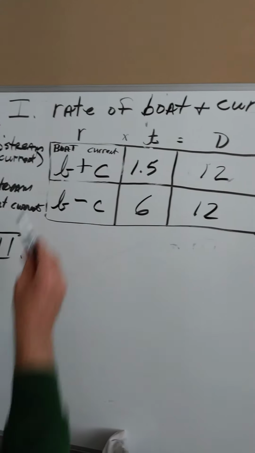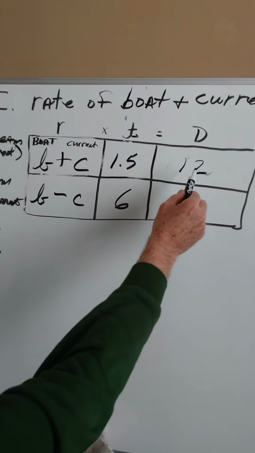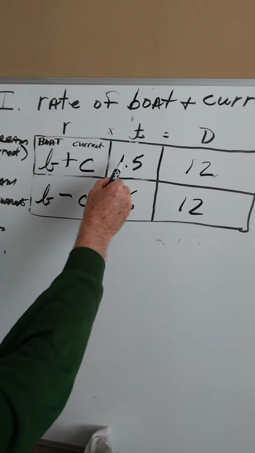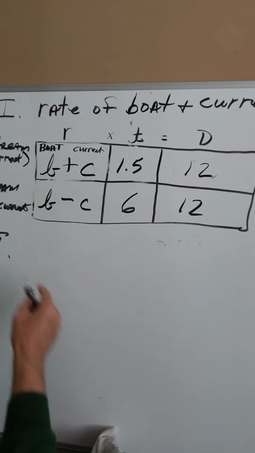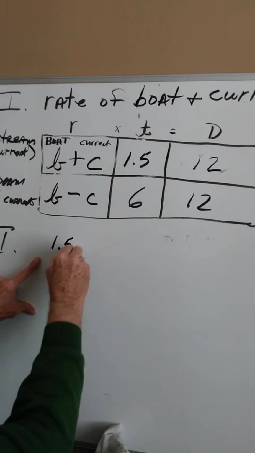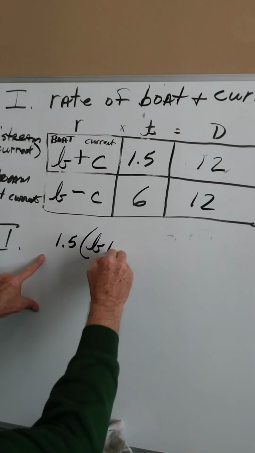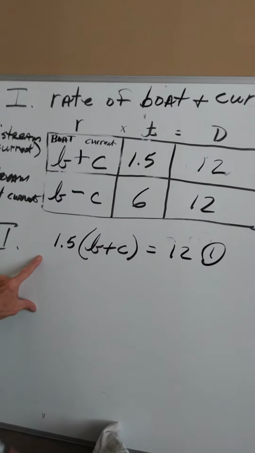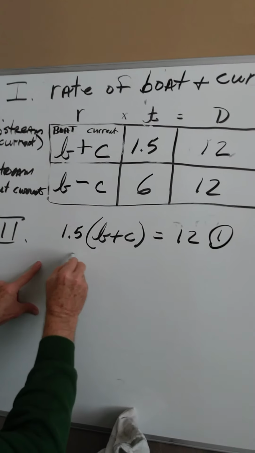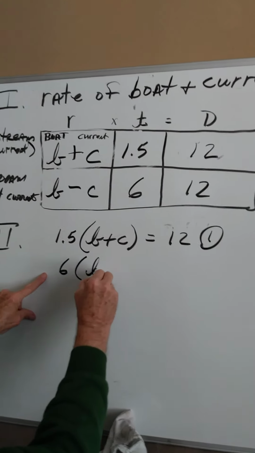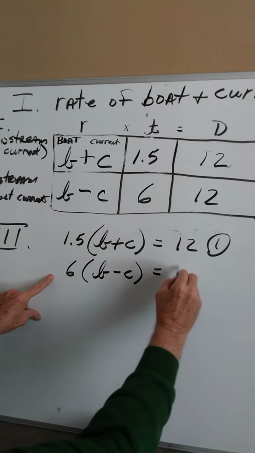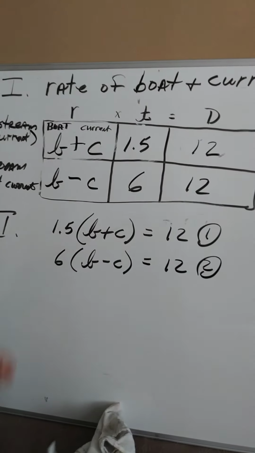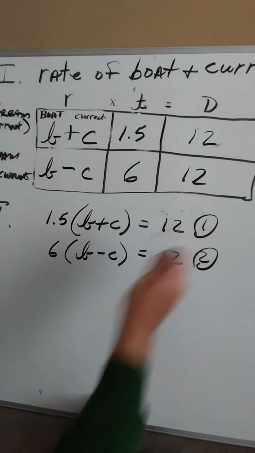Equation number 1, row number 1, beginning with time times the overall rate. 1.5 times the quantity of B plus C is equal to 12. Row 2, 6 times the quantity of B minus C is equal to 12. Number 2, we're not working with those.